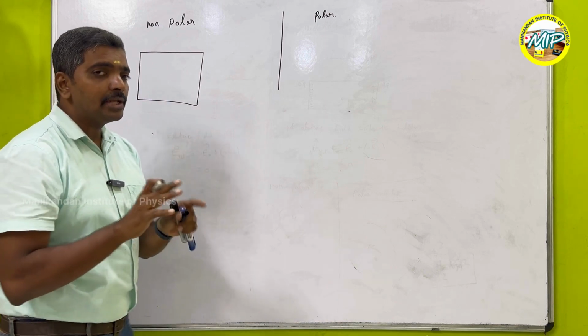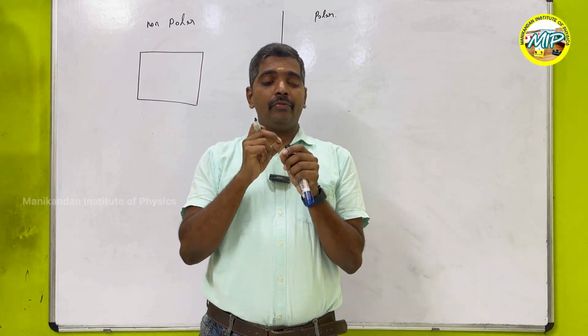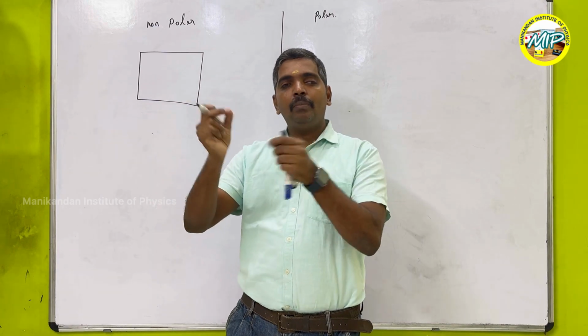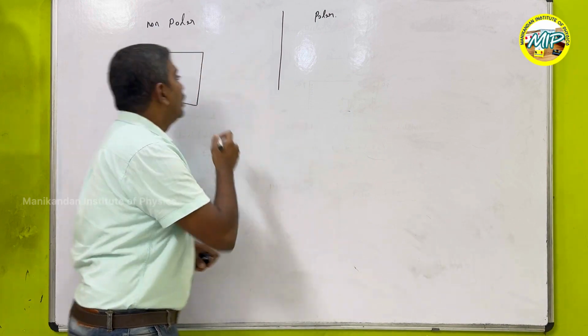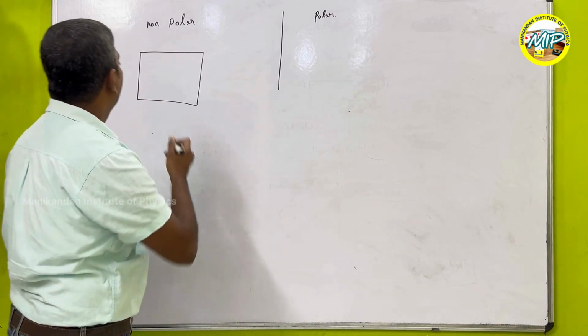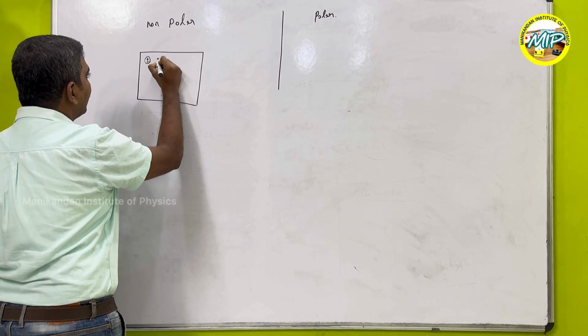Non-polar means there is no intrinsic dipole moment, which means my positive and negative charges are situated at the same point. The center of mass of your positive and negative charges is on the same line. So there is no separation between your positive and negative charges. So I can simply write positive and negative here.